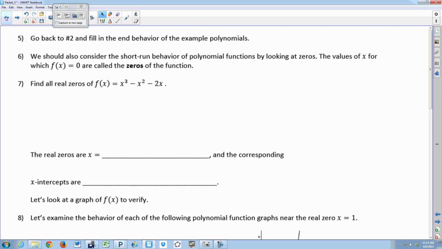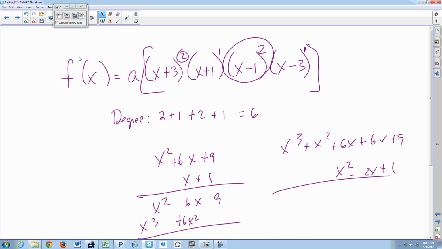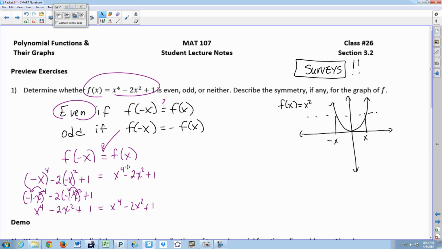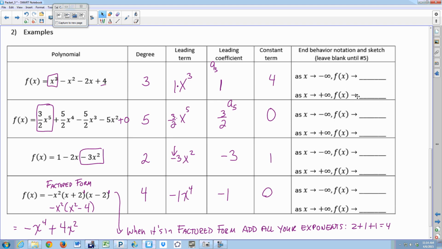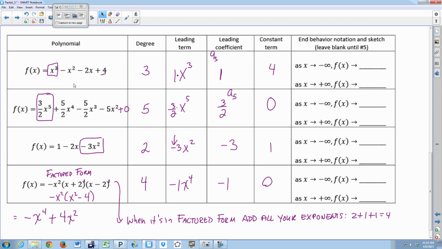Okay. So let's go back to the very first table that we had in the demo, and let's fill it out. I'm going to do the first one for you, and then I'm going to have each table do one. So here's our polynomial. It's degree 3. Arms together or opposite with an odd? Opposite. Okay.